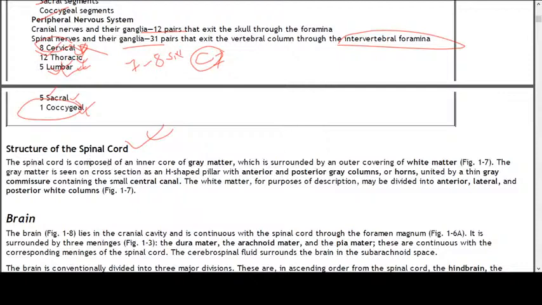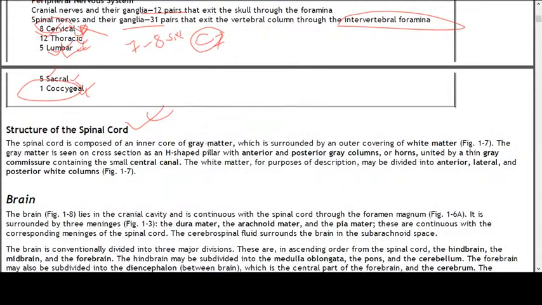The spinal cord consists of an inner core of gray matter, which is surrounded by an outer covering of white matter.